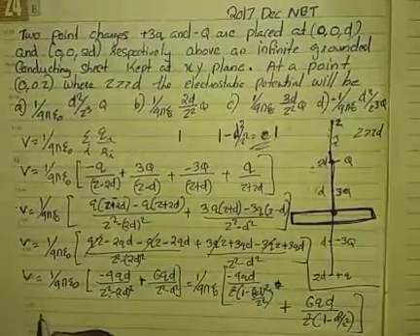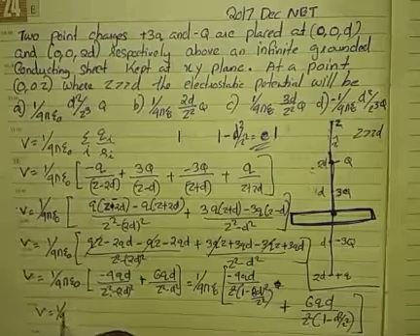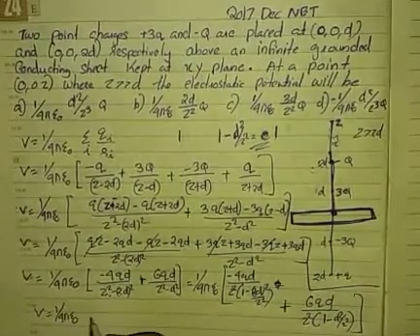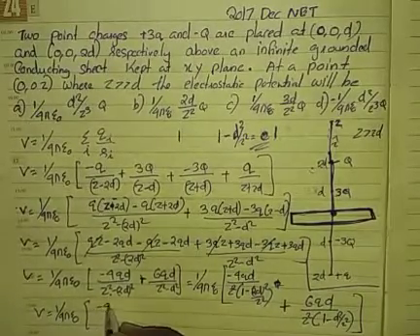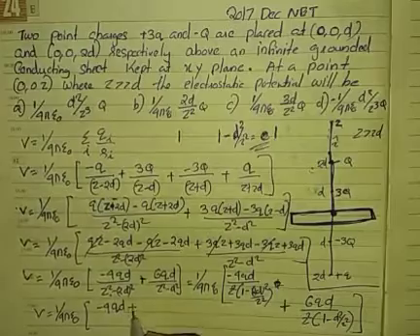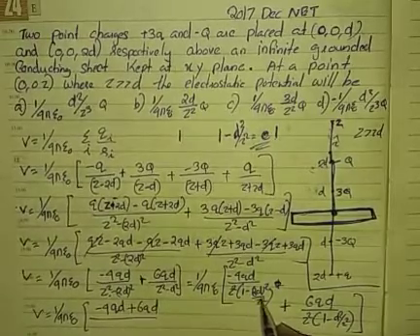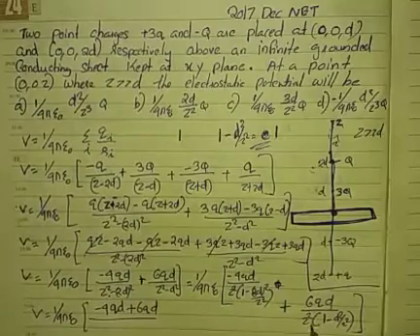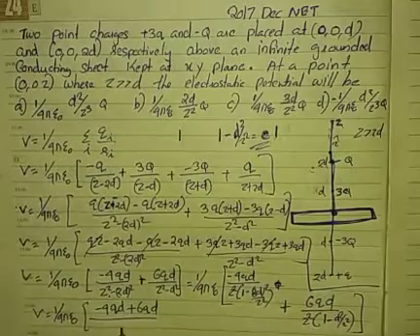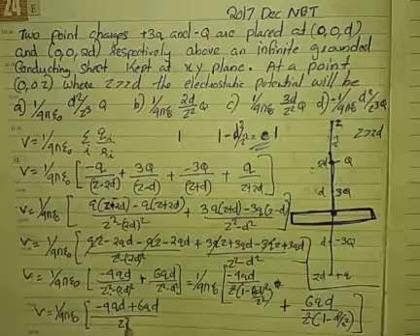So you can just write V is equal to 1 by 4 pi epsilon 0 into minus 4qd plus 6qd by z square into 1 minus 0, which is 1, so it's just z square.